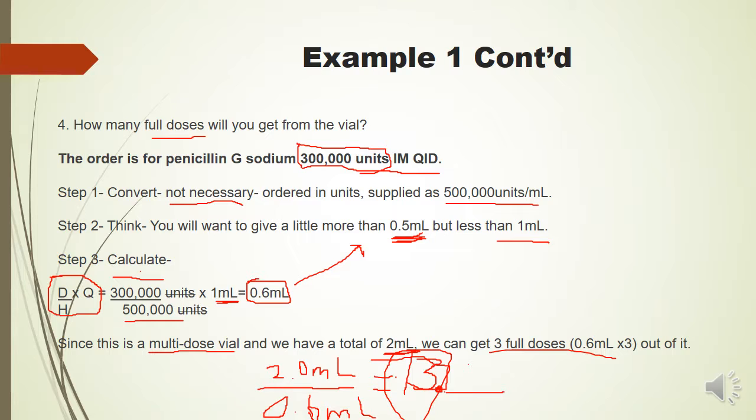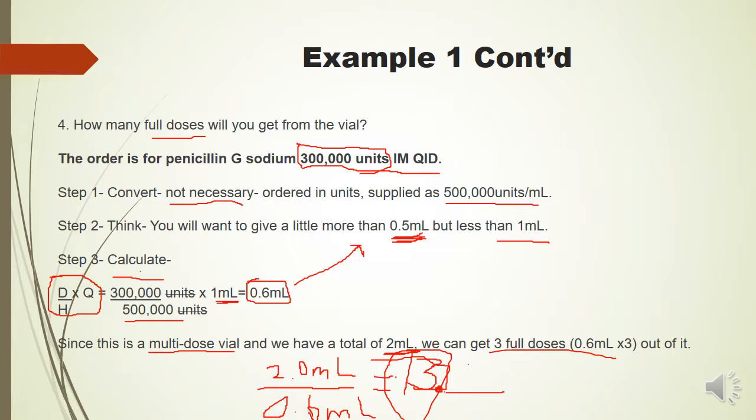So our 2 milliliters, we're going to divide it by our 0.6 milliliters per dose. And that's going to give us how many doses. It actually ends up being just over 3.